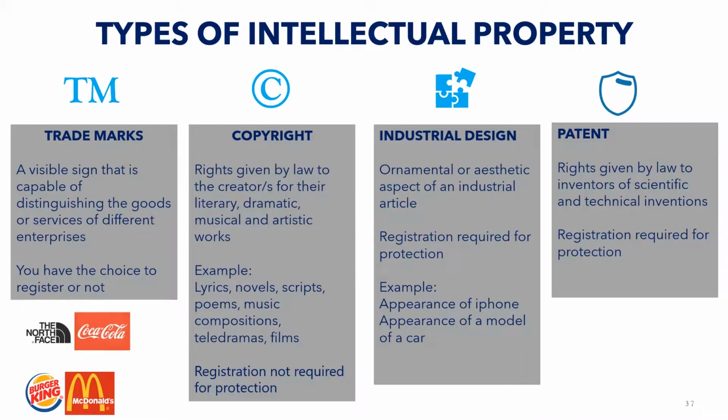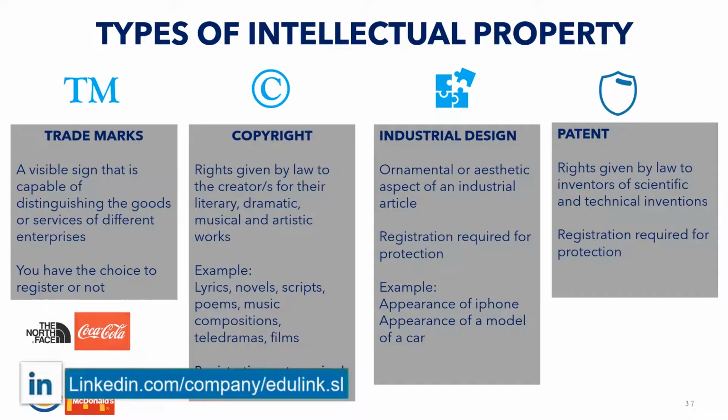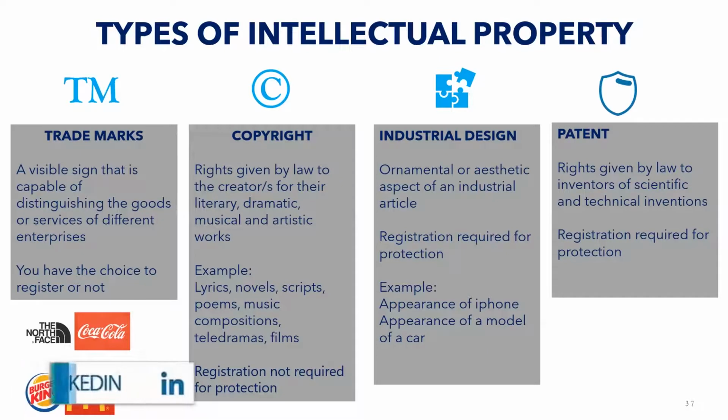So if we take a trademark, these are specific definitions that I have given you, so that you get a little idea about it before we jump into the topic. So a trademark is a visible sign which helps you to distinguish either your goods or your services.